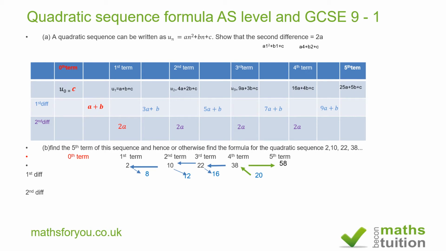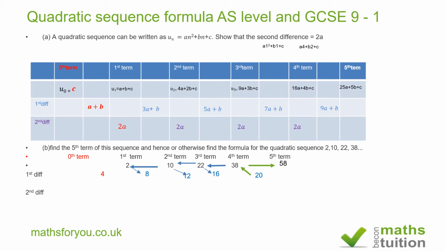Now, what about the 0th term? We know that the first differences are going down by 4s if you're going from right to left. So we expect that 8 minus 4 gives us 4, and that is the first difference between the first term and the 0th term.